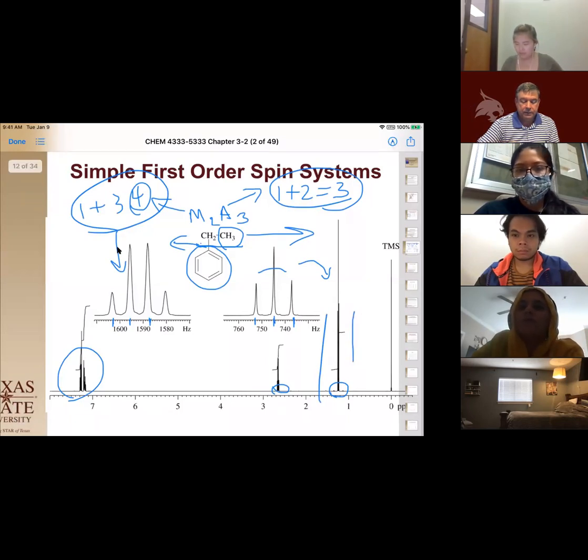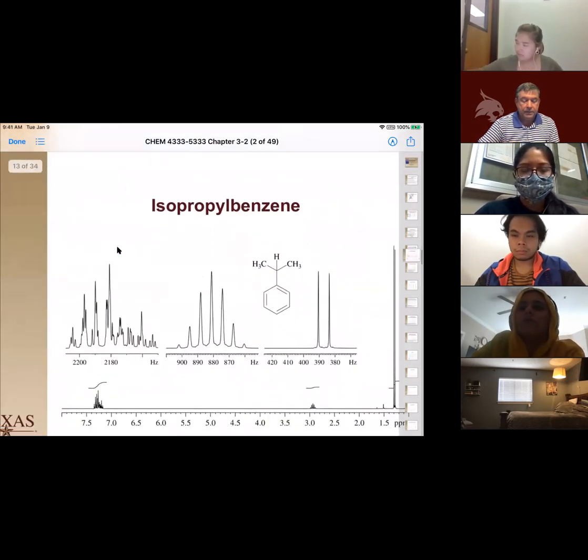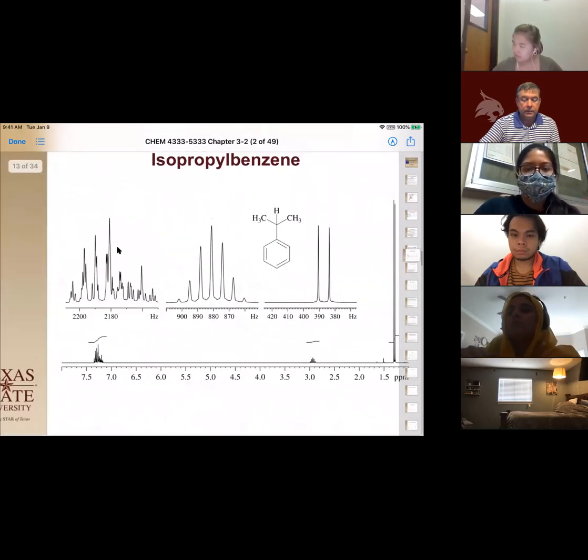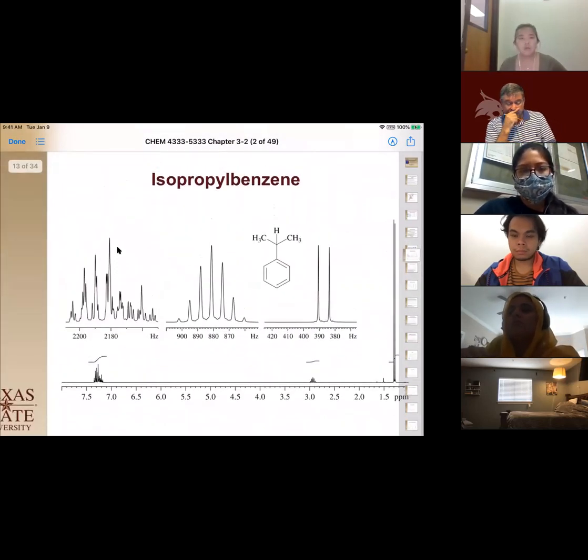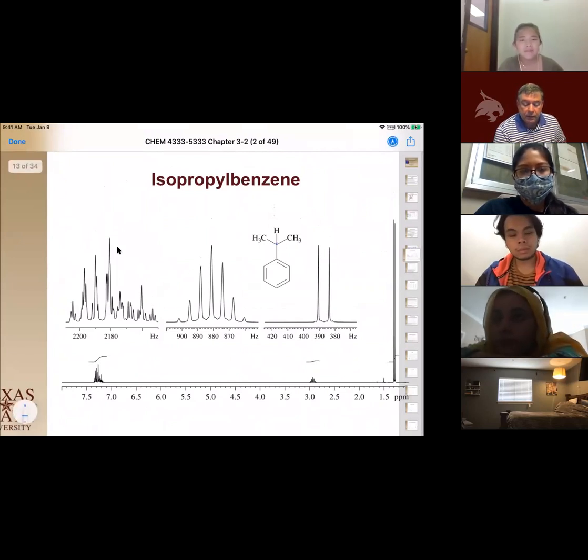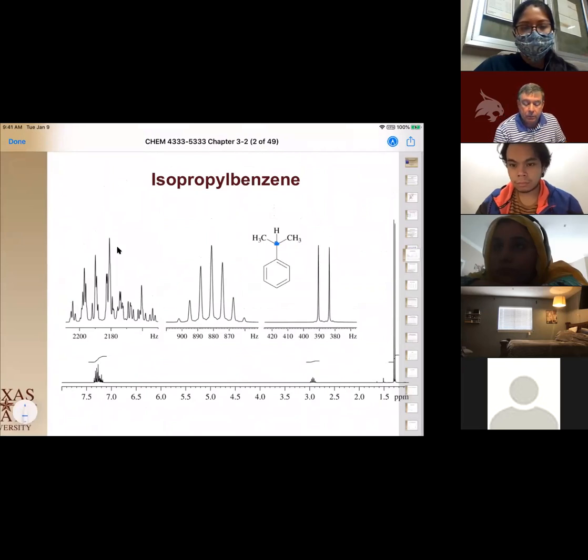Okay, all right, let's do one last one, and then I'll end here. In this case, if we use our same Pople notation, this carbon right here we don't worry about because it doesn't have any hydrogens on it. Well, actually it does. So this is going to be our A, this one right here.